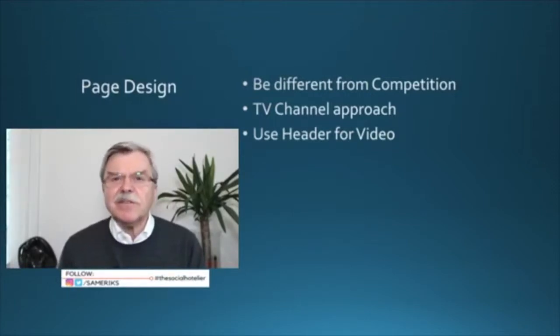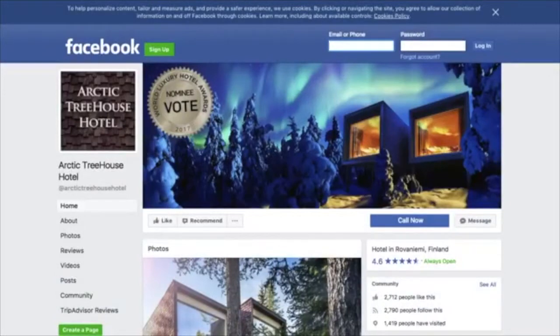But let's take a look at what some hotels are doing, which have done a very good job. One of my favorite hotels in Finland is the Arctic Treehouse Hotel. They are very well known, getting huge design awards, with the architectural firm Studio Puisto that created this hotel, and people come to see the Aurora Borealis.